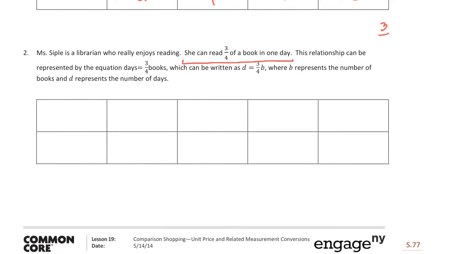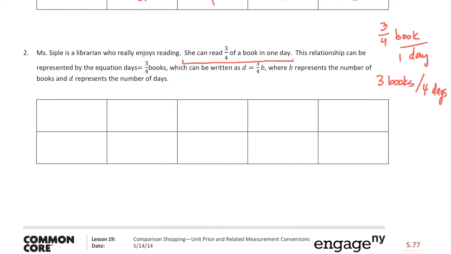It could be 3/4 of a book per day, and per 1 day, and I'll just put the 1 in there this time. Or you could say that's also like saying 3 books over 4 days. Okay, so those are actually the same rate, but one is a unit rate.